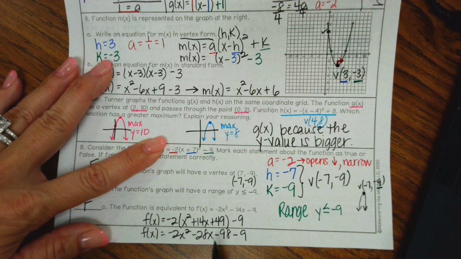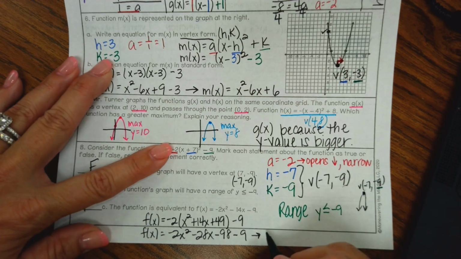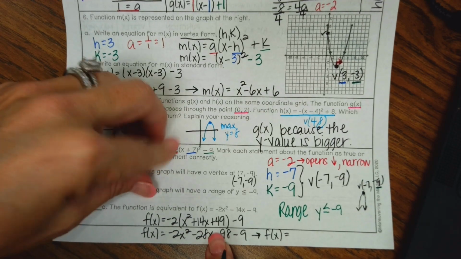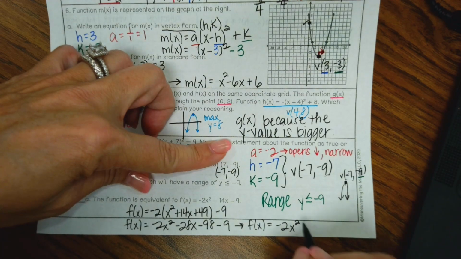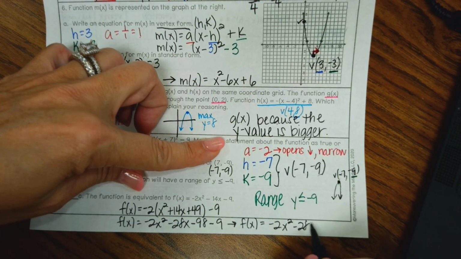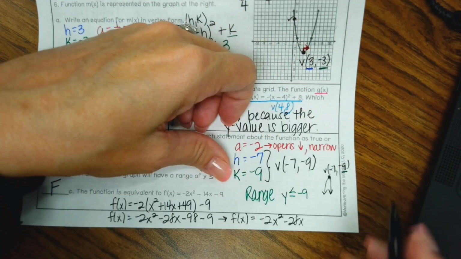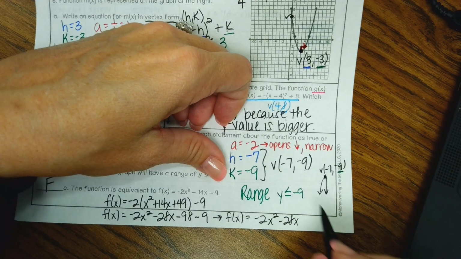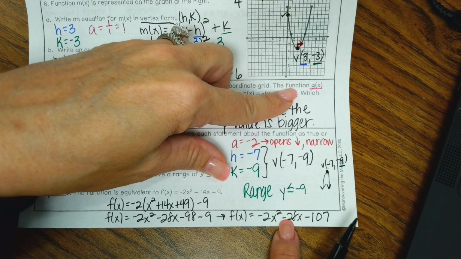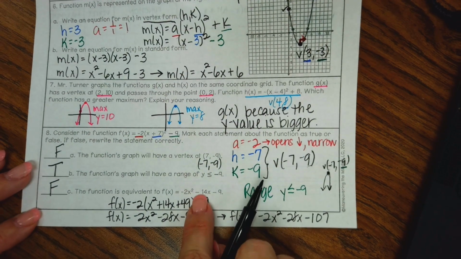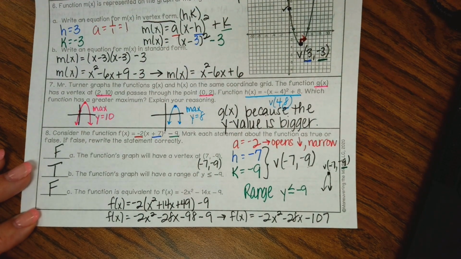Oh, you can see we're way off here. Somebody probably forgot to square the x plus 7. So I have negative 2x squared minus 28x, and then 98 minus 9 becomes negative 107. So here is what the equation should have multiplied out to be. Okay, good luck.